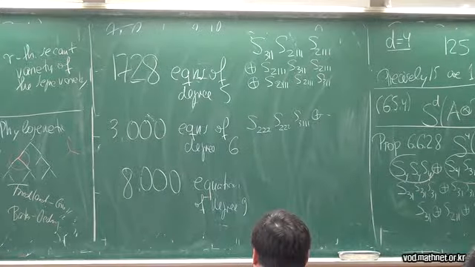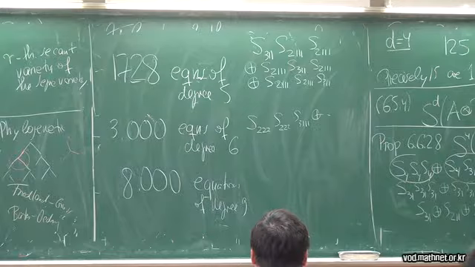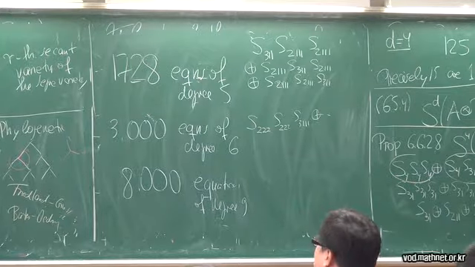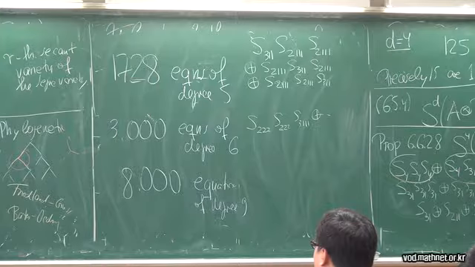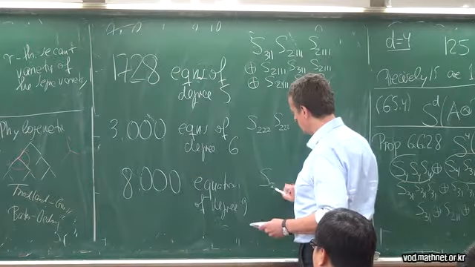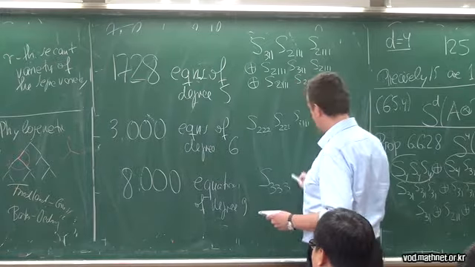And you know the dimensions of each of these spaces by the formula, right? By content and hook length. You can immediately calculate the dimensions of each of these, and you know that the dimensions of these spaces are 1728 and 3000 and 8000. The last one is just a single guy, S333.